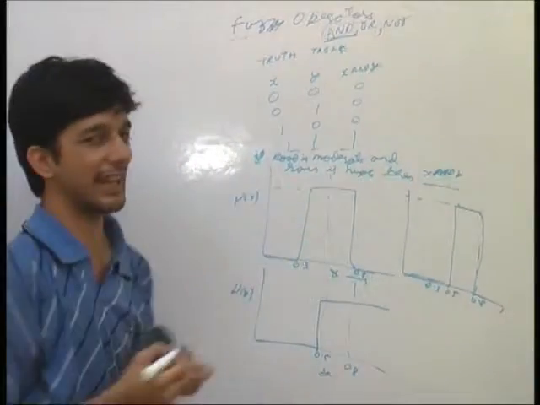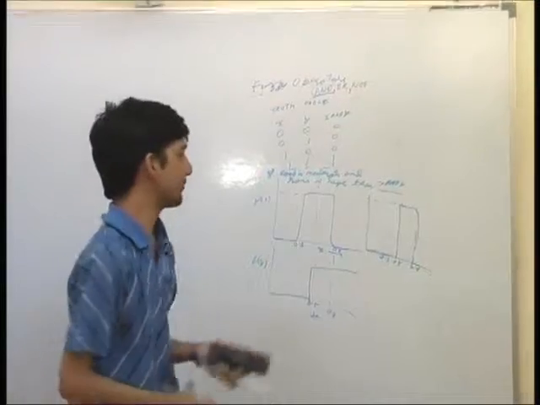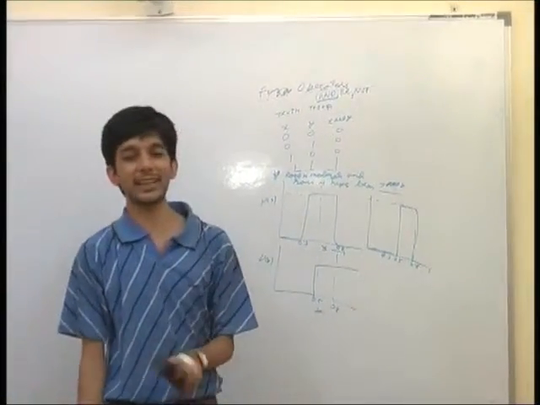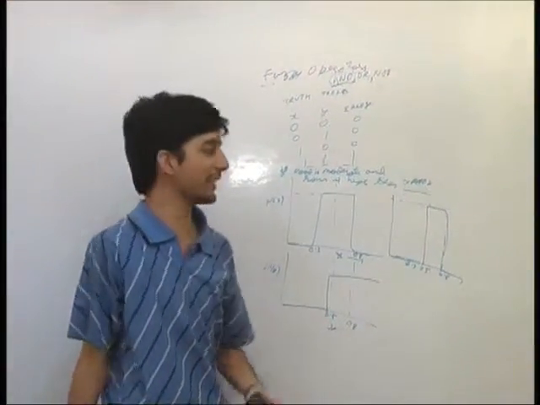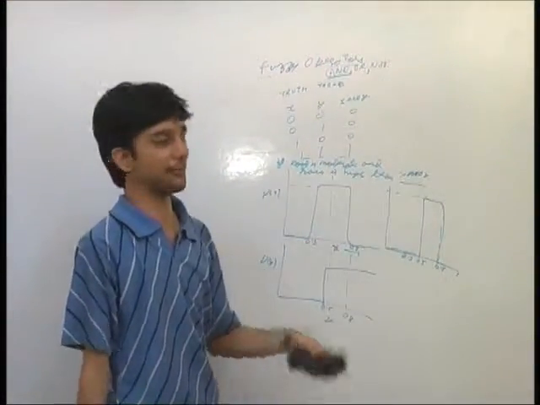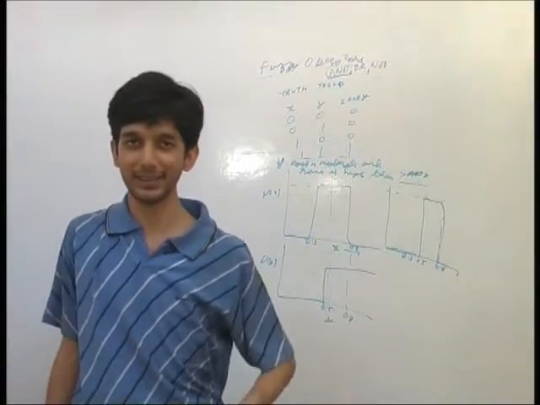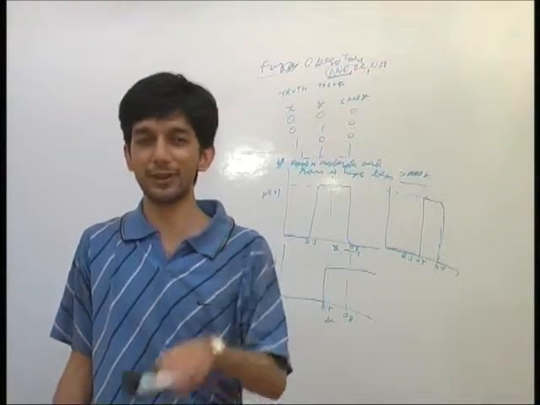I'm only discussing the antecedent part of it, I'm not discussing the consequent part of it. What I'm trying to do by drawing these curves is to understand whether this rule should fire or not. If this rule fires, then whatever follows in the consequent will happen, the system will change, the state will change. If it does not fire, it will not happen.